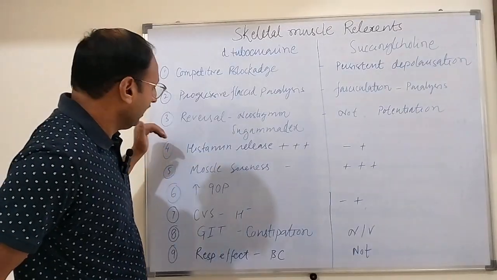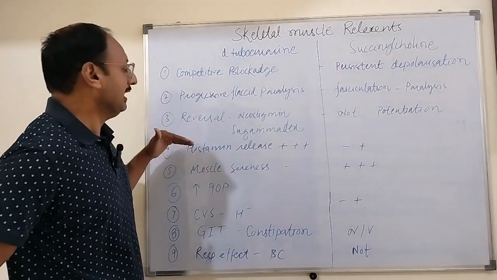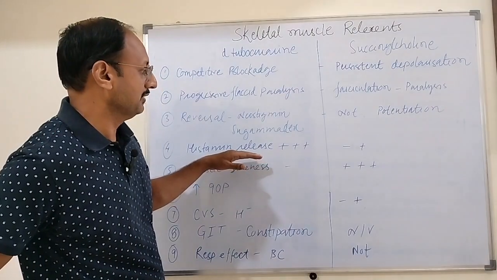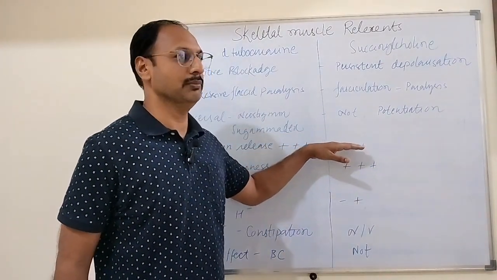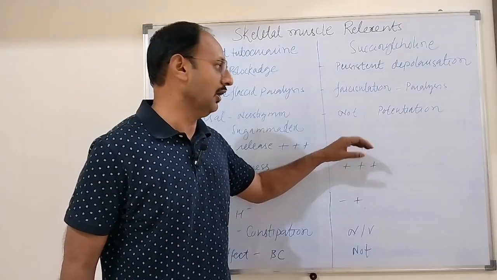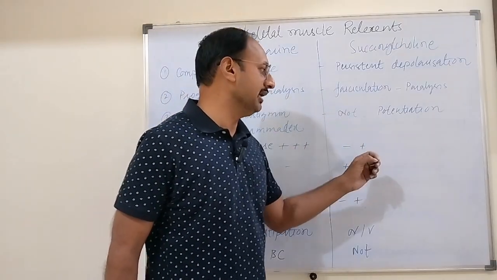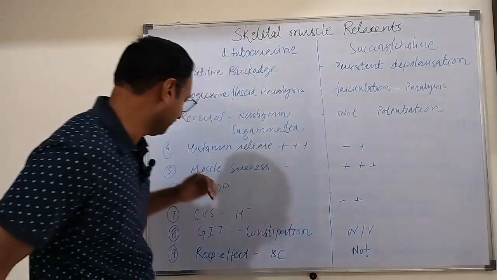Number four, d-tubocurarine, when administered, stimulates histamine release from the mast cell, but succinylcholine does not stimulate histamine release or only minimally stimulates histamine release.